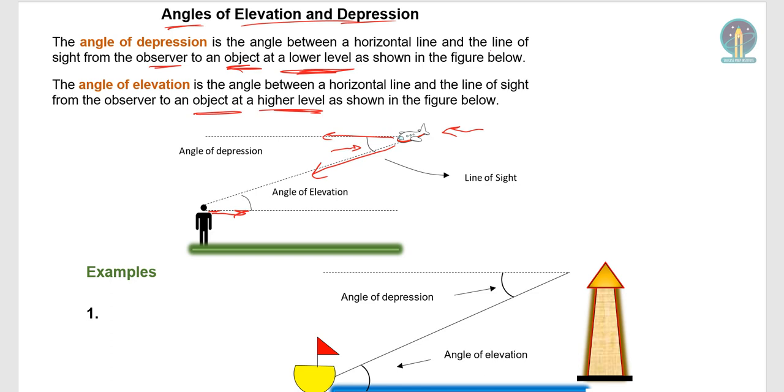In this one, the person is the observer, and the object is the airplane further up. This is the line of sight from the person to the airplane. So in this case, this is the angle of elevation. So angle of elevation, angle of depression.